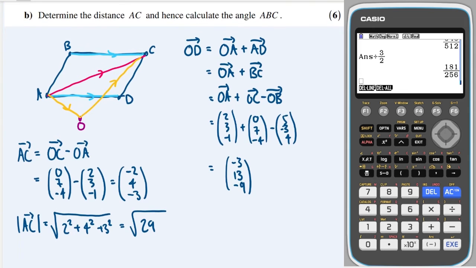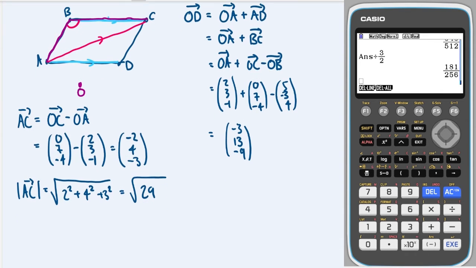Okay, next we're asked to work out the angle ABC. So this angle in here. So we're going to use the cosine rule. So we're going to need to know the distance of AB, and we're going to need to know the distance of BC. Okay, let's start with AB.